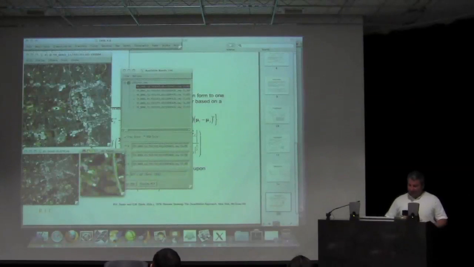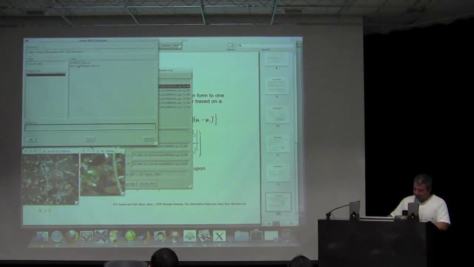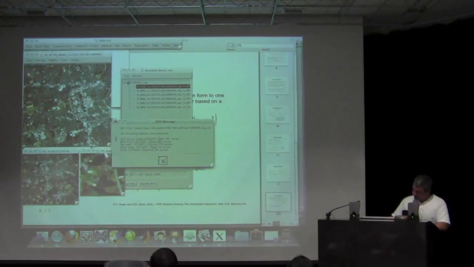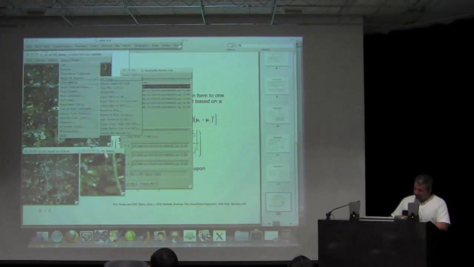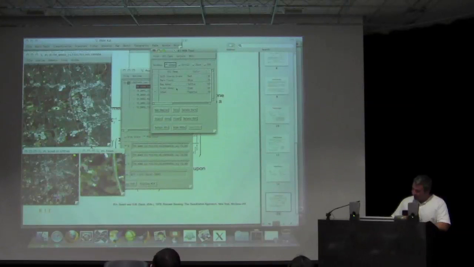All right, so same image we've been working with. Let's pull up those regions of interest. Okay, so now if we go into the ROI tool, you can see those are the same ROIs that we've been working with all along.